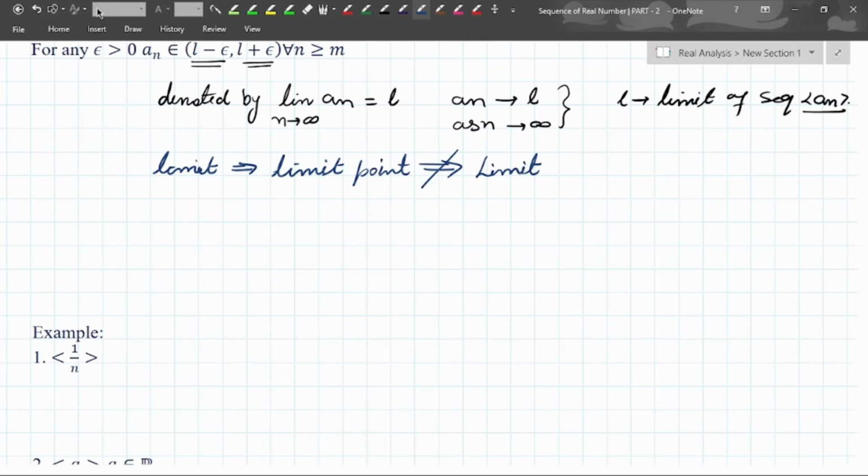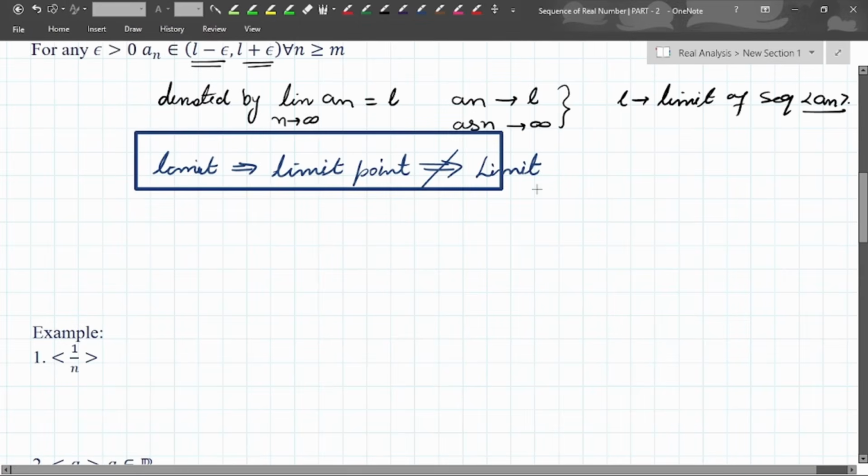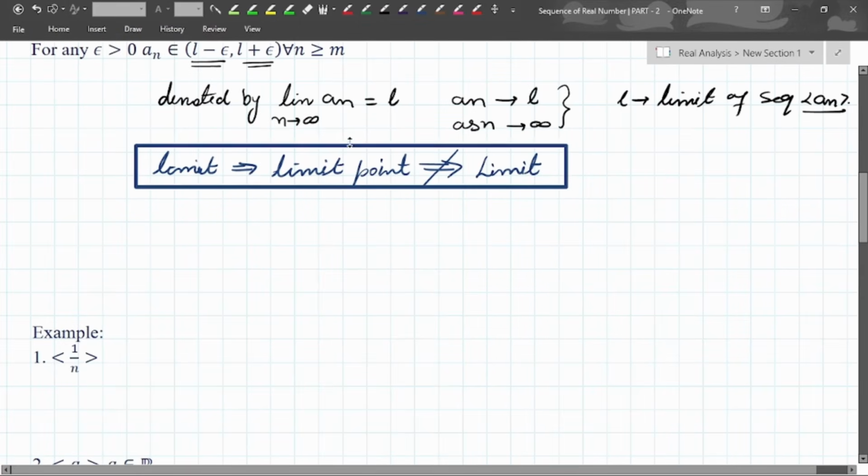This is the important concept here, and you will have to remember it. A limit point need not always be a limit. But if it is a limit, then it is always a limit point, at least one of the limit points of that sequence. Now we will take one example for this.